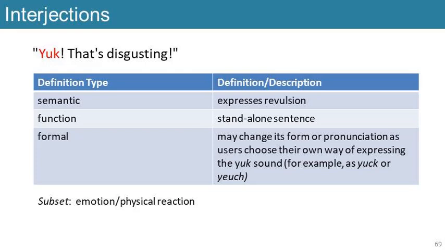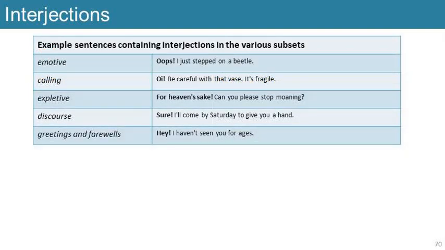Like many interjections, yuck may change its form or pronunciation as users choose their own way of expressing the yuck sound. For example, as yuck or yuk. Yuck is a member of the subset of interjections that express a strong emotion or physical reaction. Finally, here are example sentences containing interjections in the major subsets.